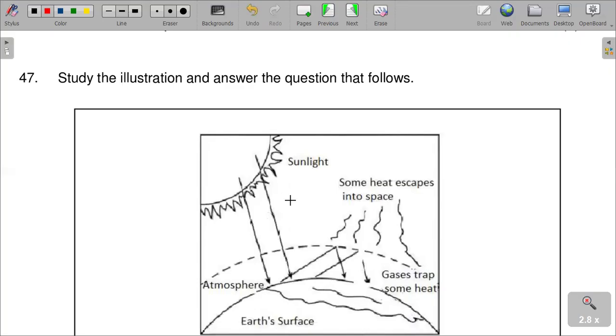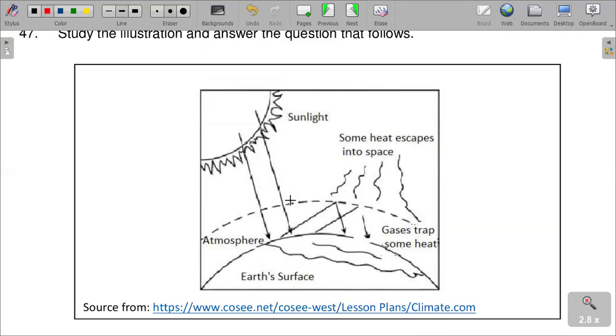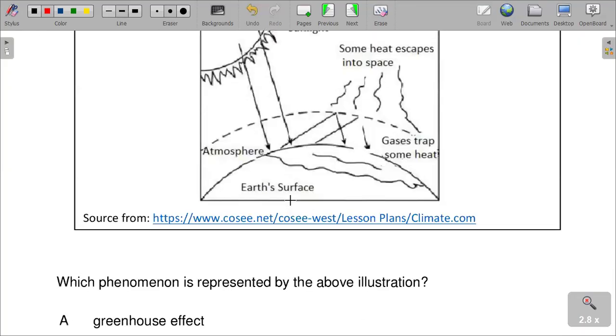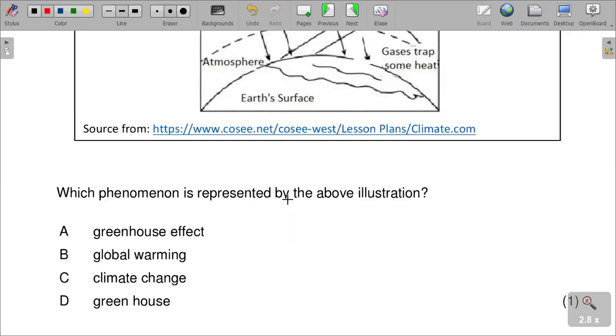Number 47, look at the illustration and answer the question that follows. The sun, some heat energy escapes into space, gases trap some heat energy, and we have the atmosphere and the Earth's surface. Which phenomenon is represented by the above illustration?